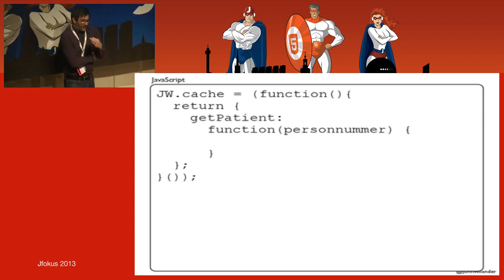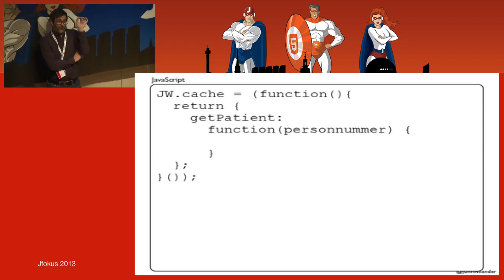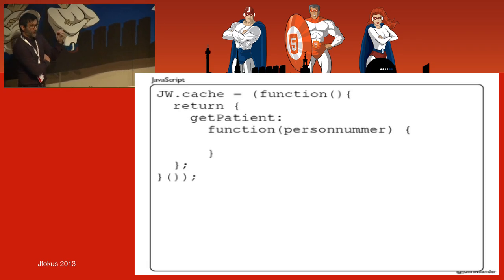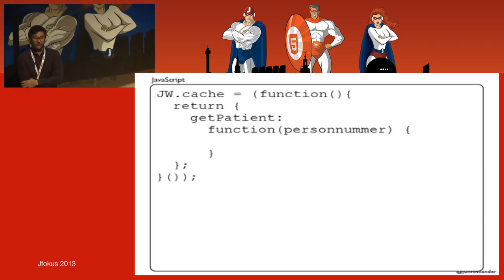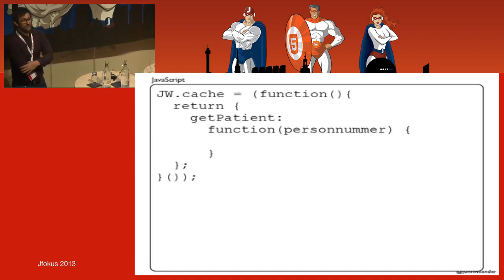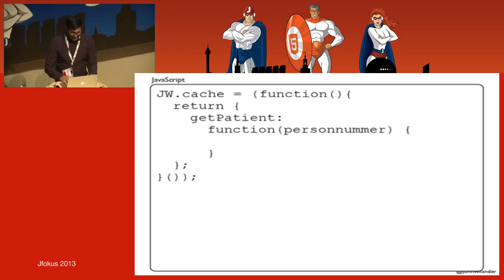Now we can actually return an object with an attribute that's a function. Now what do I have in the cache variable? Now I would actually be able to do this, right?